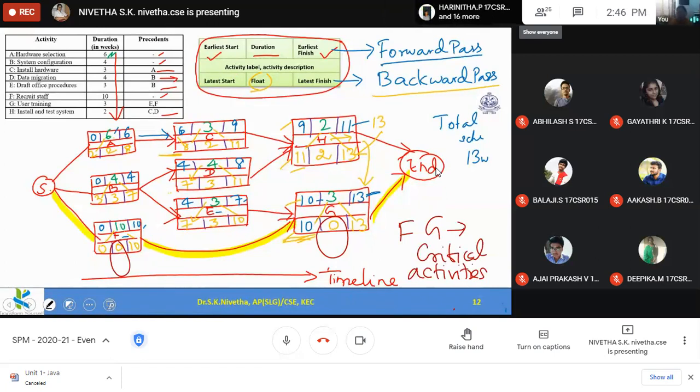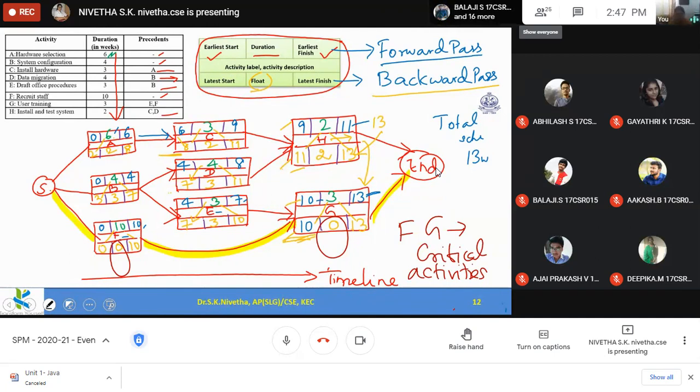So using this, we can clearly identify what the critical path of the project is. Once the critical path is identified, we should take utmost care monitoring the critical activities so that F and G should not be delayed in any case.